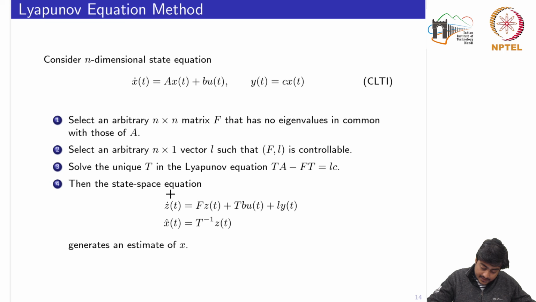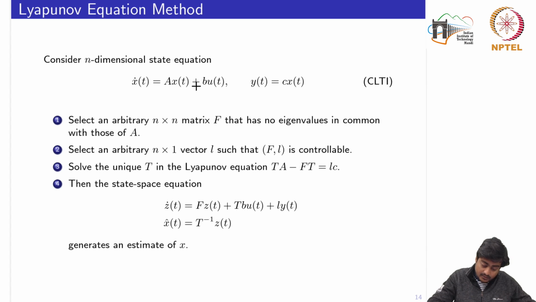Then the state space equation given by z dot is equal to Fz plus TBu plus Ly would be the internal state of the observer now, and x hat would become the output of the observer. So x hat is equal to T inverse z. Now we know from the Lyapunov equation that whatever T we get, it would be non-singular.